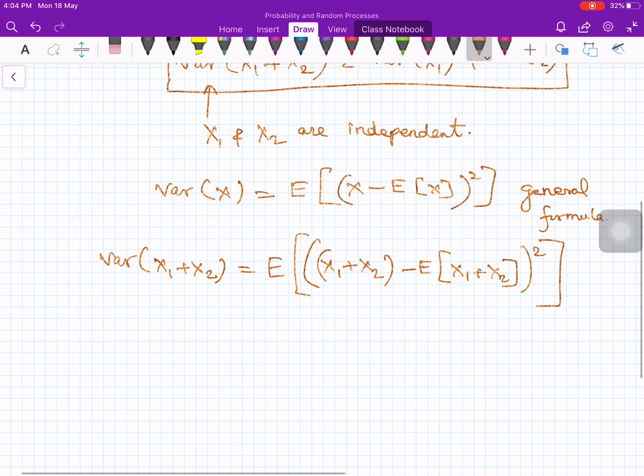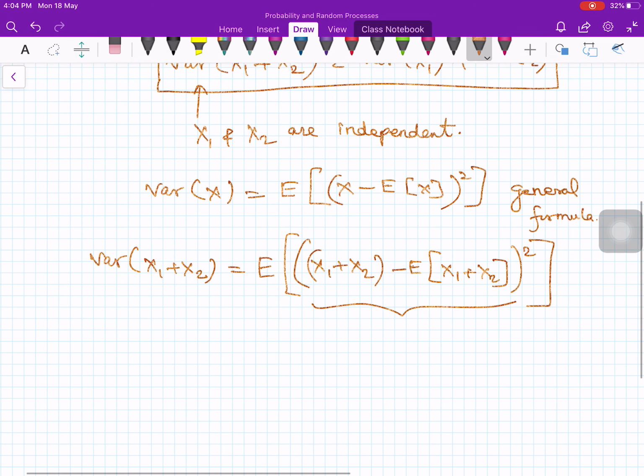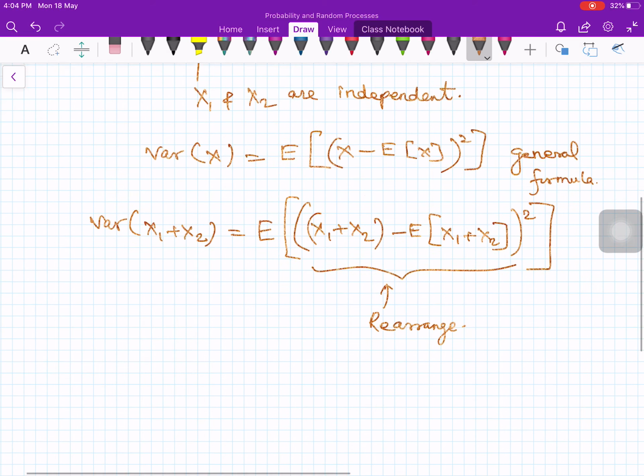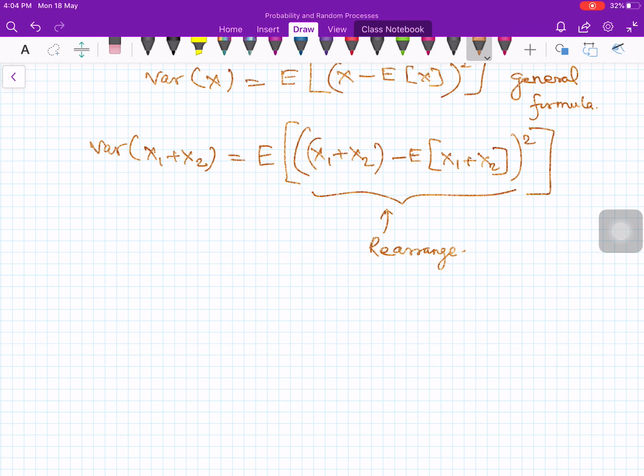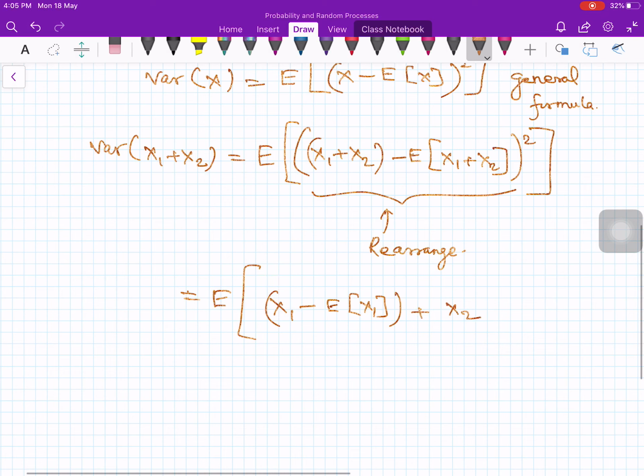Now let us rearrange the terms inside this one, and write inside the expectation as follows. We put x1 together with minus e of x1, this is one term, plus x2 together with the negative of the expected value of x2, and square it.